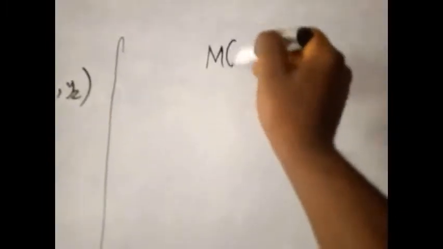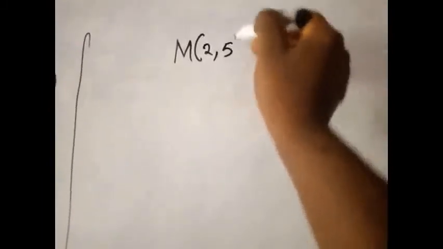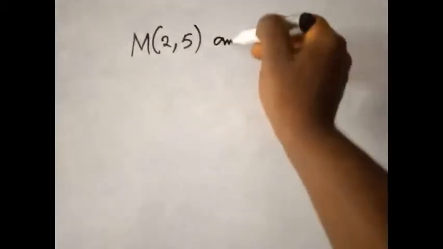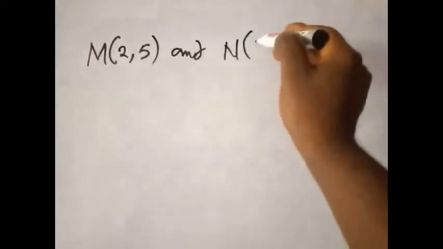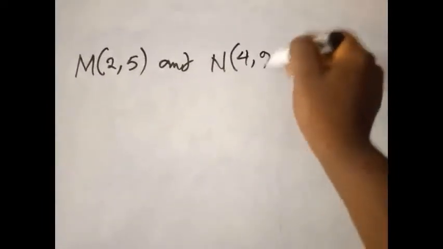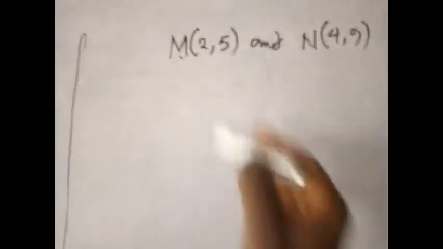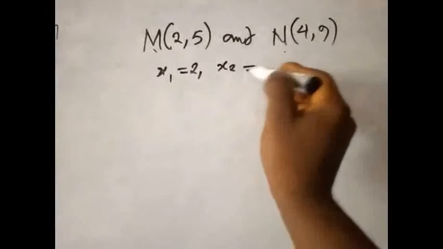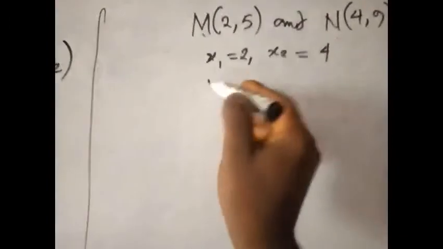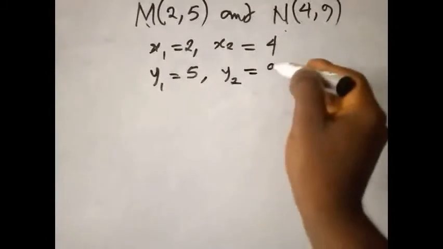For example, if point M has coordinates 2, 5, and point N has coordinates maybe 4, 9. We want to locate points M and N. Here, x1 equals 2, x2 equals 4, y1 equals 5, and y2 equals 9.